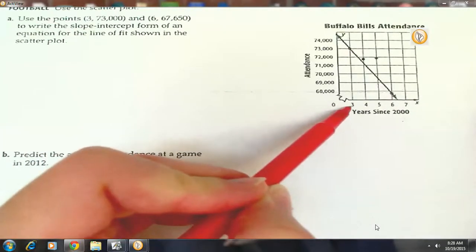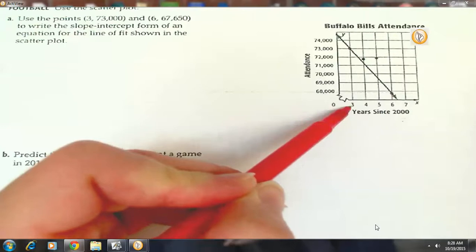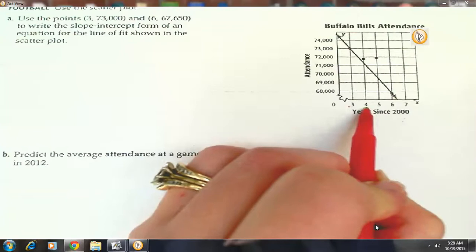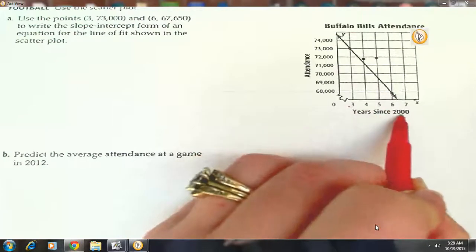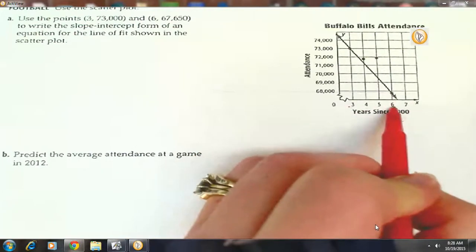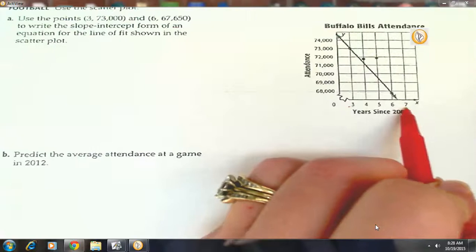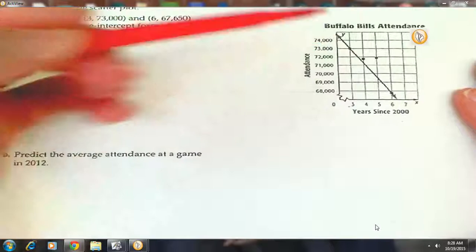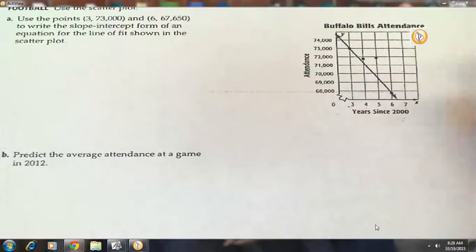So what year would 3 years since 2000 be? 2003. So that 3 is representing the year 2003. What would the year 4 represent? 2004. What about 6? And 7? 2007. Okay, so we're okay with what that means. The attendance is on the y-axis. We're talking in terms of thousands of people.